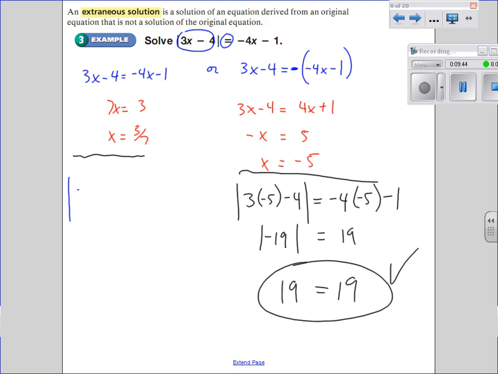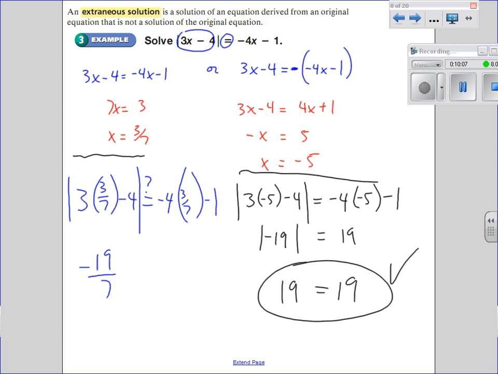Over on this side, I'll go ahead and do this in blue. I've got 3 times 3/7 minus 4. And my question is, is that equal to minus 4 times 3/7 minus 1? Over here, this turns out to be negative 19 over 7, absolute value. And on the right-hand side, I've got minus 12 over 7 minus 7 over 7.